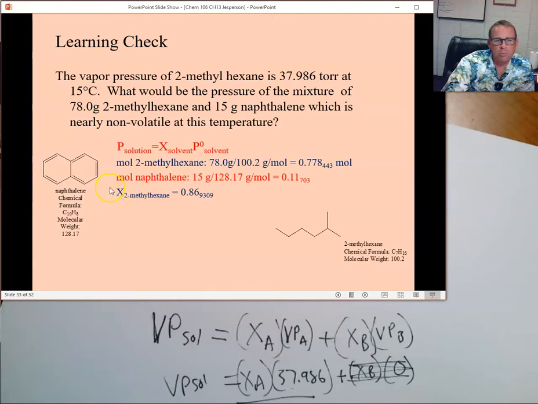Identify the mole fraction by taking our moles of the methylhexane over the moles total. But then after we get that, we just have to multiply that by our 37.986, and the resulting torr is the vapor pressure of the solution. Okay? Because naphthalene is not volatile at this temperature.